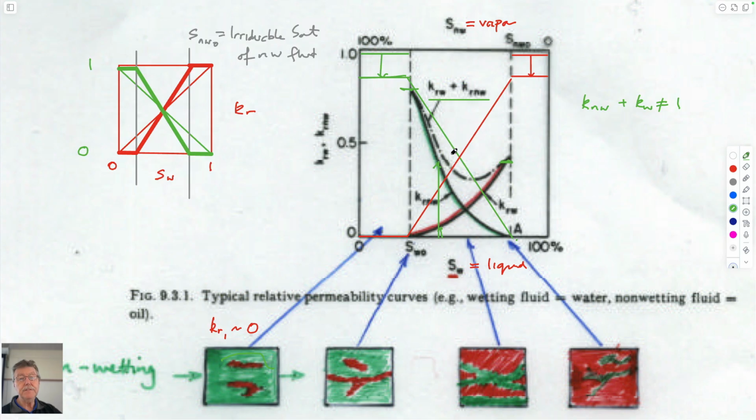And so this is a manifestation of the fact that, one, when you fill the pore space up with vapor and liquid, the non-wetting fluid tends to occupy the largest pore spaces and creates a continuous path across it in those large pore spaces. And those large pore spaces have bigger diameters.